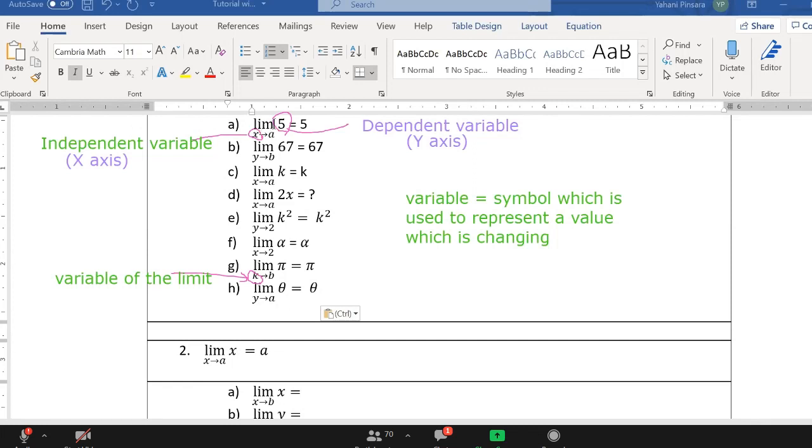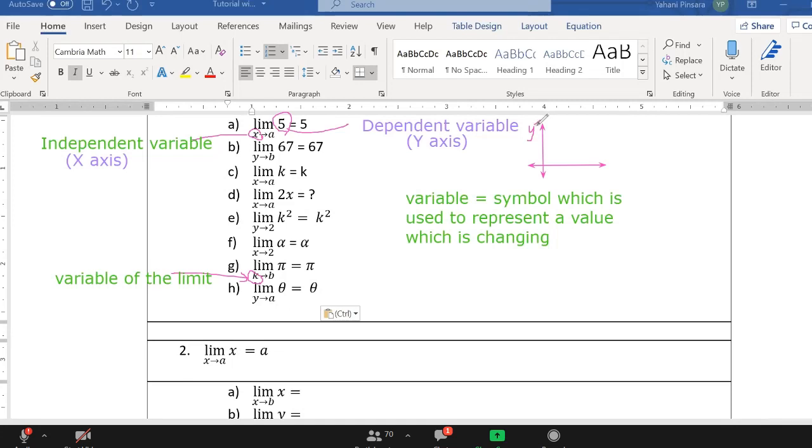But here, if we draw this in a graph, here this y, we are displaying this as y, and we are displaying y equal 5.